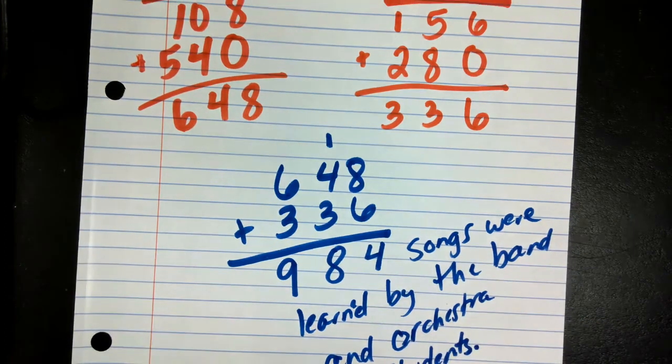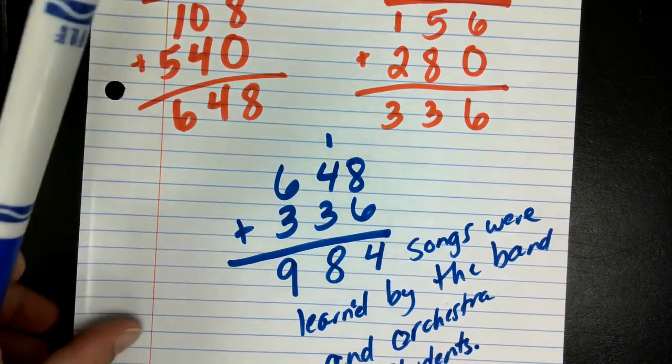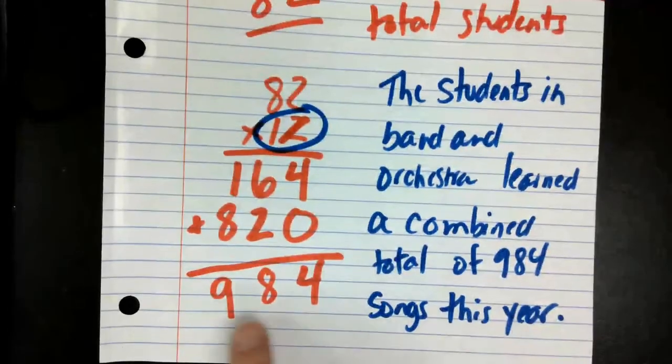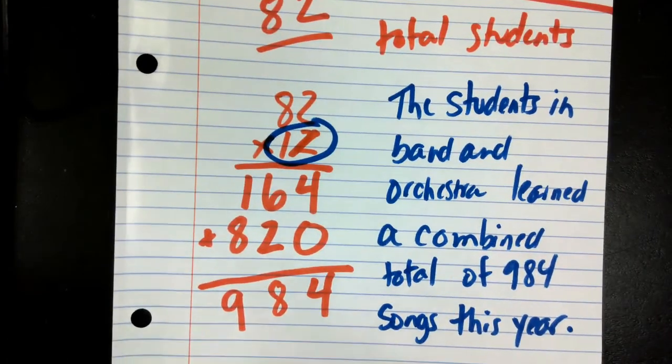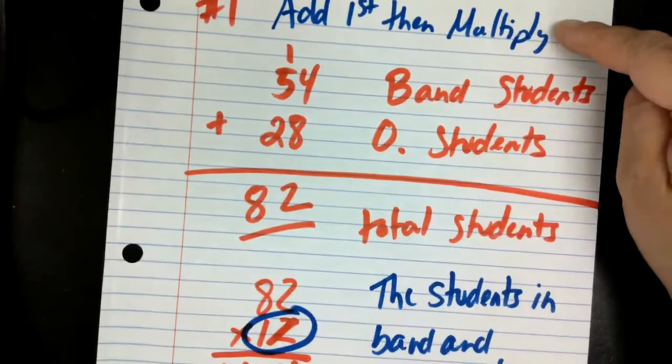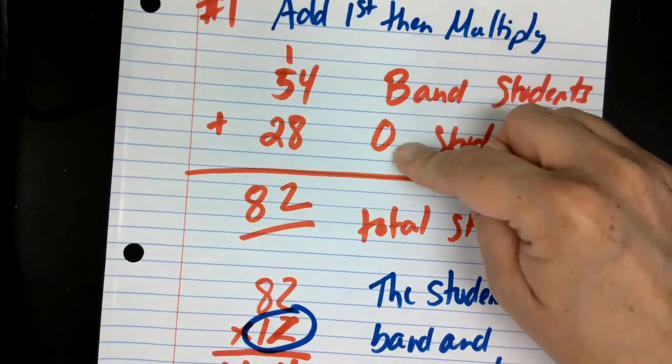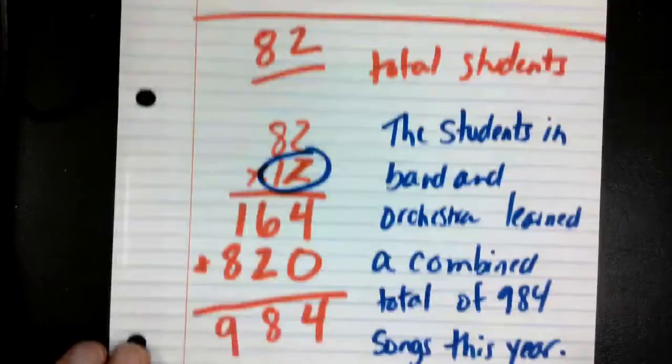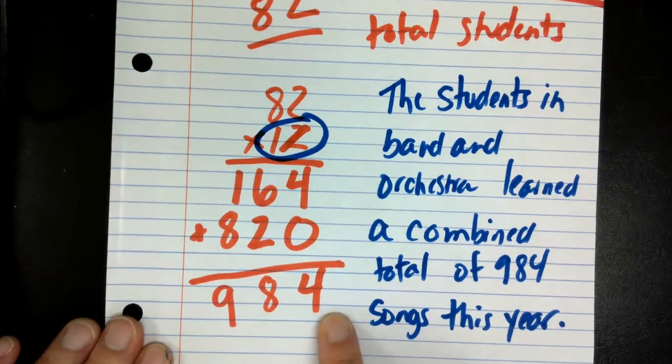And so when I'm looking at this, I have 984 songs here. This is the second method. And I have 984 songs for the first method. So it really just depends on which is easier for you. So I'm going to go through them one more time. In this one, we're going to add the amount of students first and then multiply it by 12, getting a total of 984.